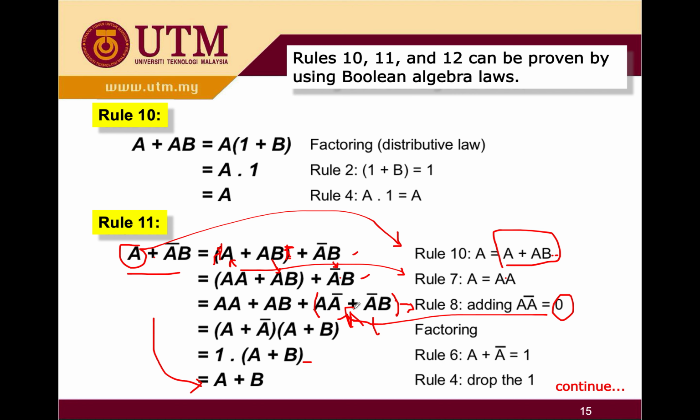If you add rule number 1, which is you put a bar a plus ab over here, you get 1 plus b, which is 1. So if you put that here, then it will affect your equation. But when you use rule number 8, you just add it here, nothing happens because it is equal to 0.